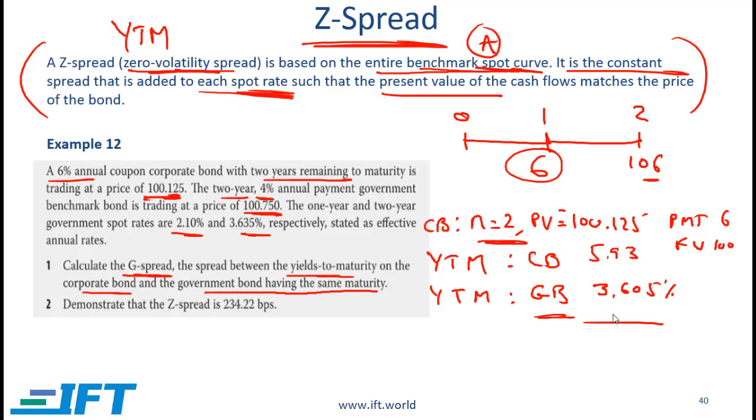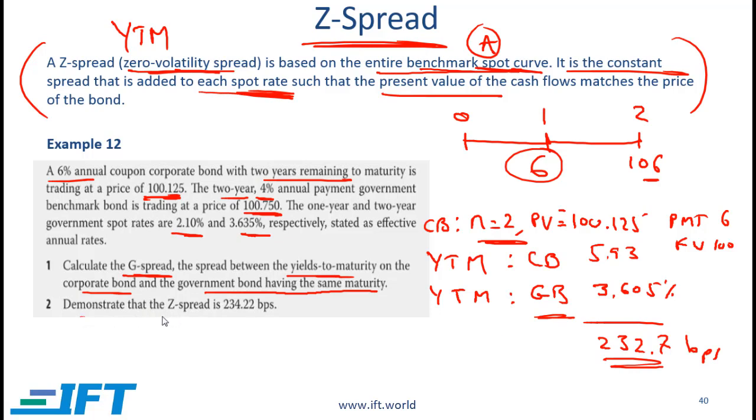That spread in basis points is 232.7. So you can get the difference in percentage and then multiply by 100 in order to come up with the spread in basis points. In percentage terms, the difference is 2.327%, which is 232.7 basis points.